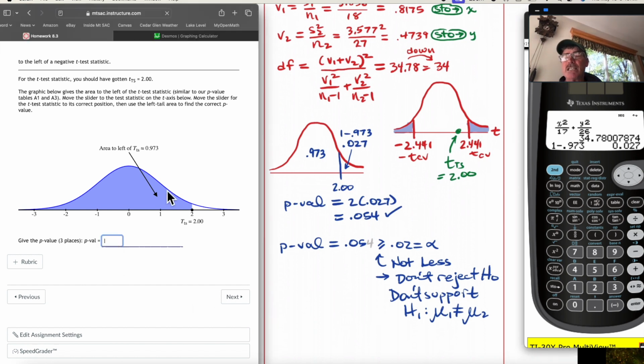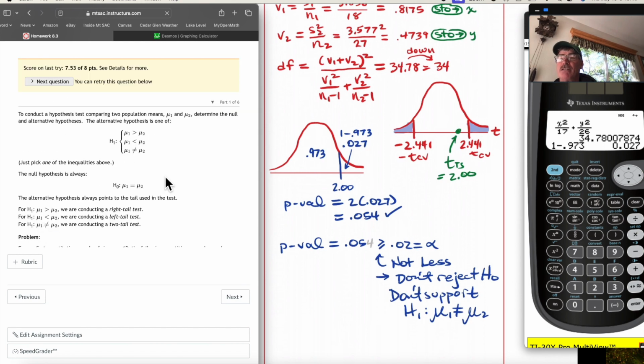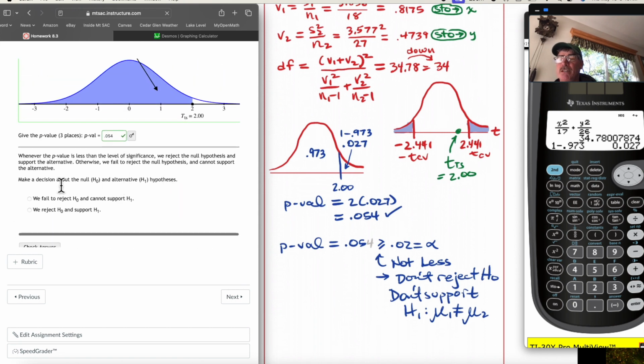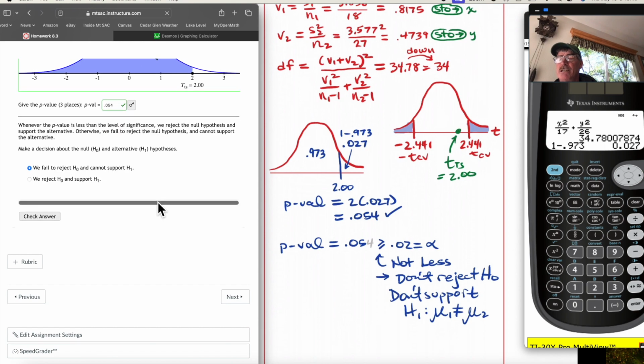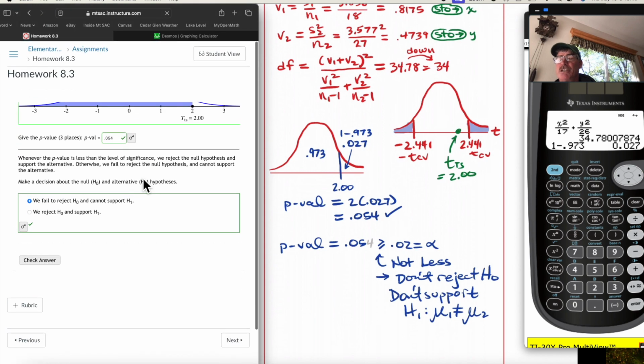So according to this, the p-value we did was 0.054. So you can see that we're taking the right tail and doubling it to get this. Okay, so let's just double check that. So that's the right p-value. And again, we said that we're going to fail to reject. We're not going to reject the null hypothesis, so fail to reject. And then a conclusion I don't think we have to do because this one has no context. So we're all done.